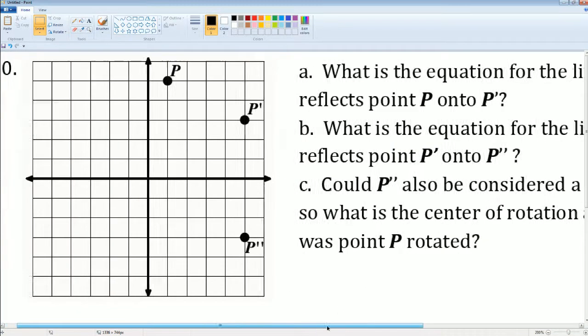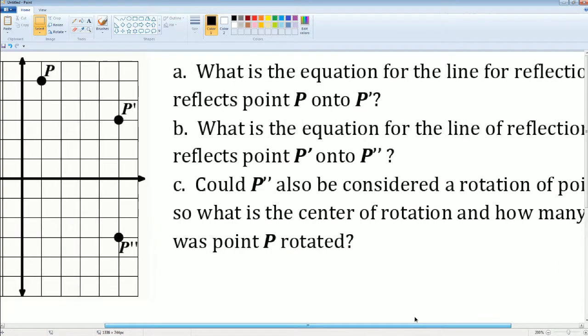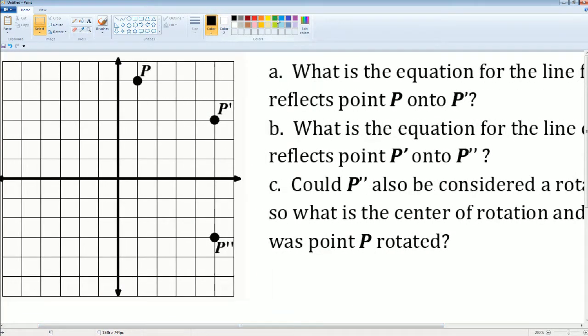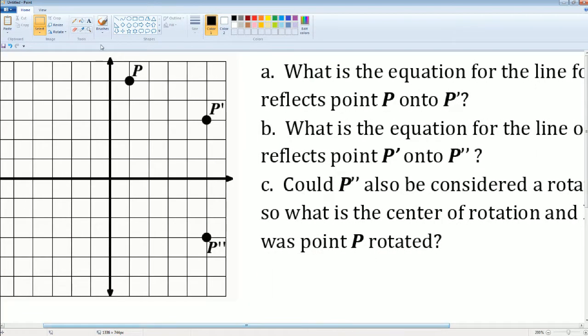Alright, let's go from P to P double prime. If it's a rotation, there's only one rotation that looks like this. It looks like it's 180 degrees, because if it's 90, it should be somewhere here. So this should be 180 somehow. If it's 180, there needs to be a perpendicular slope somewhere.